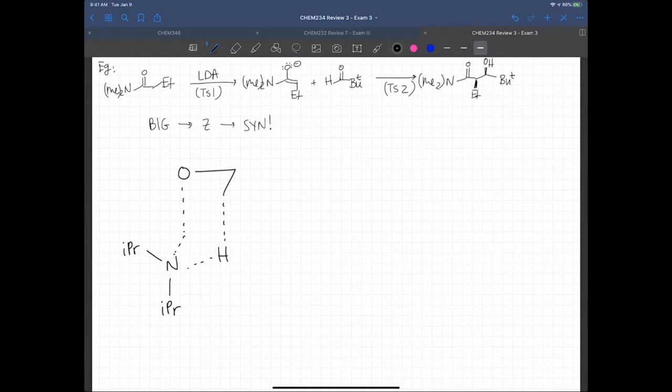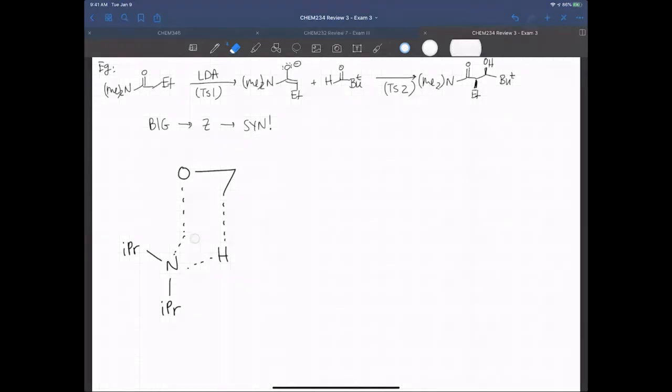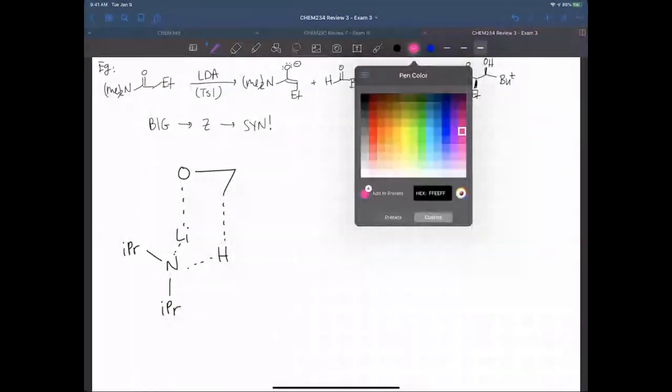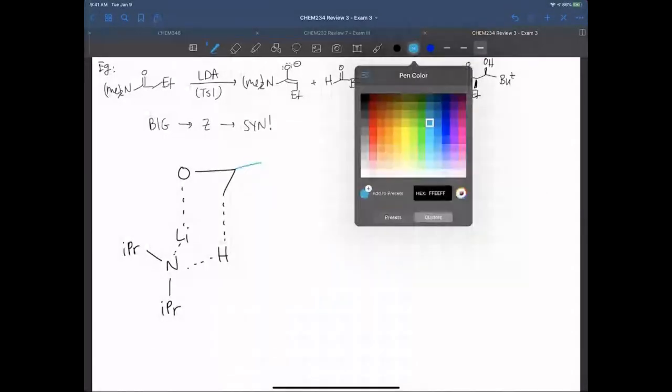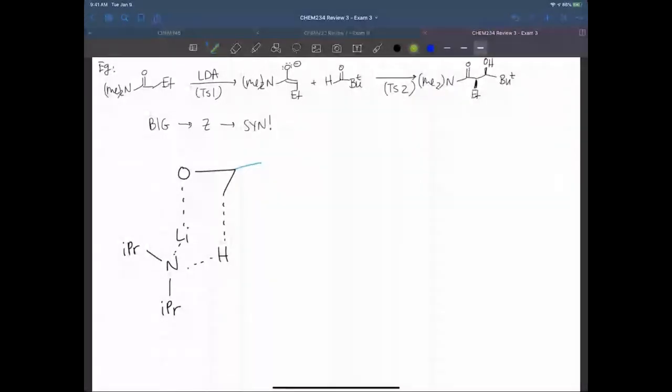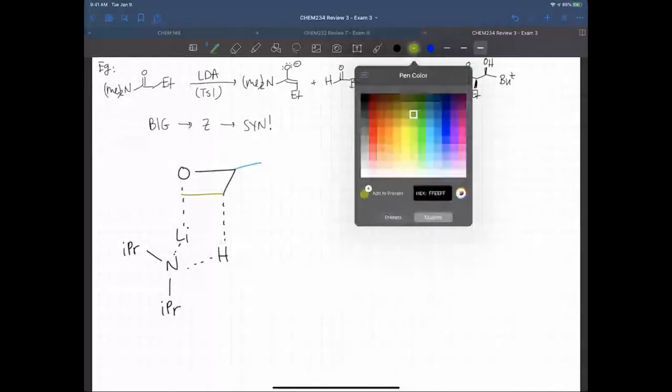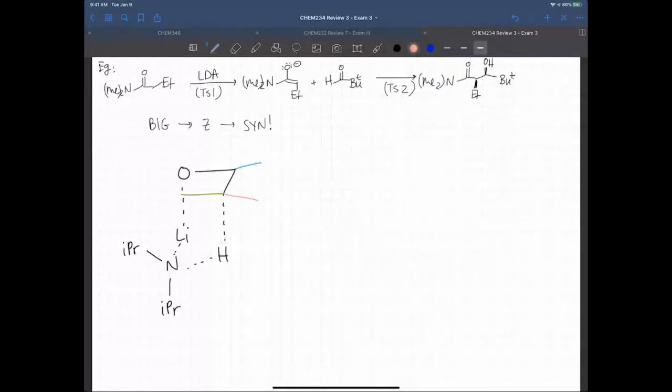So let's fill in the gaps here, right? I'm going to use different colors, and you're going to tell me what goes where. Okay, so I have a blue, a green, and a pink. Can you tell me what groups go where?